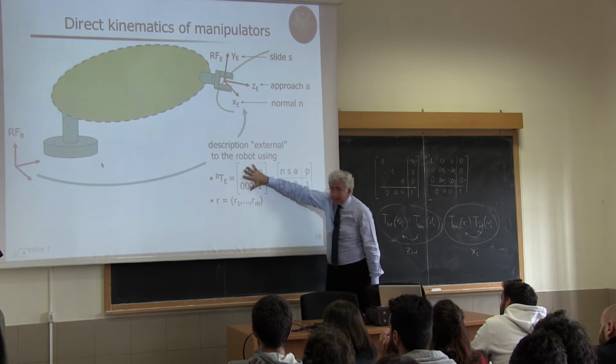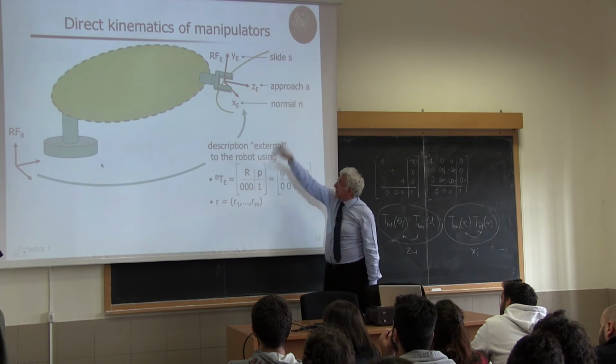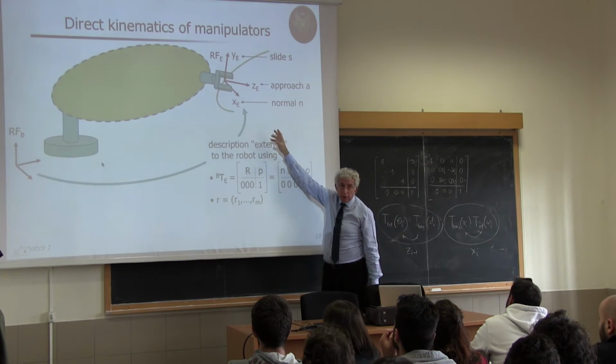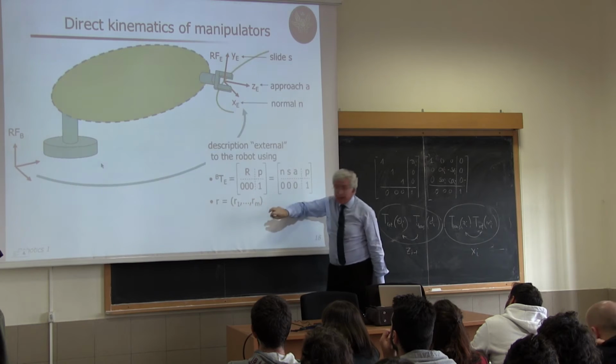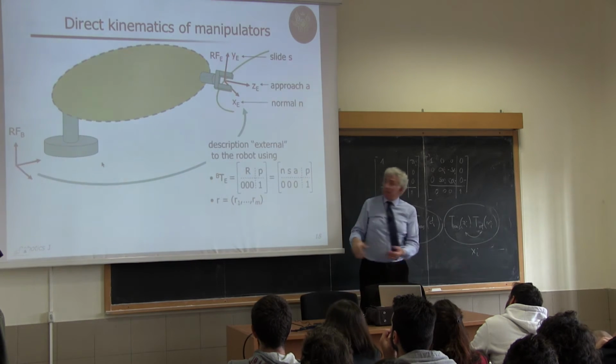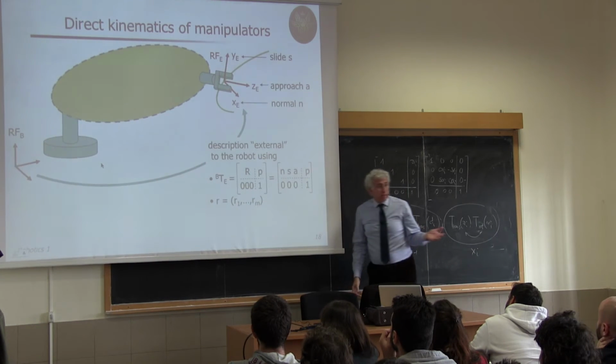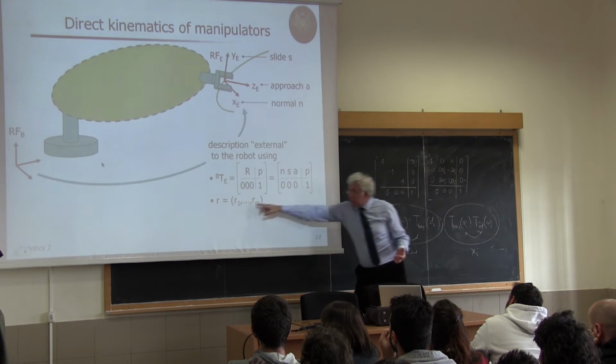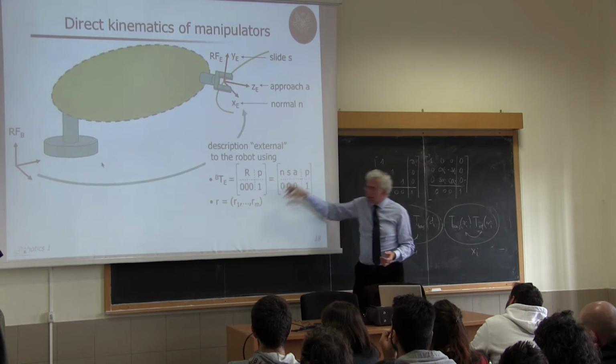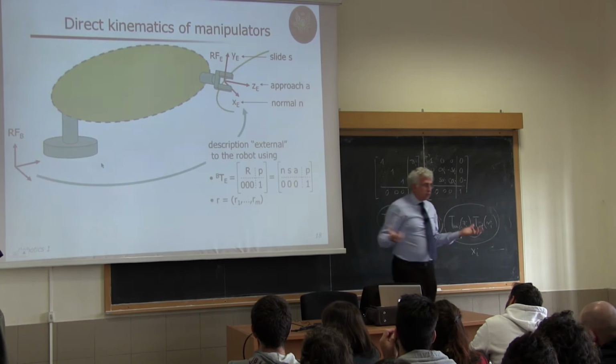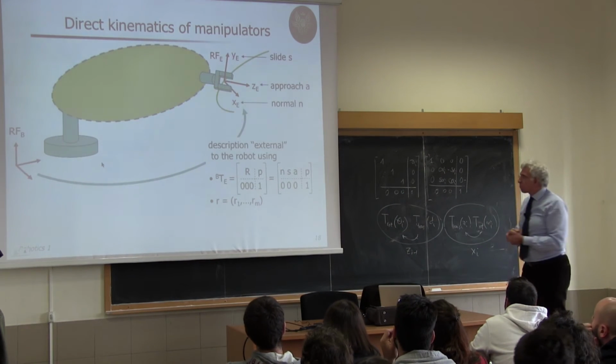So this is the standard way of representing direct kinematics in terms of position and orientation of the frame, but from this we can extract what we need. For instance, I don't care about the p_z coordinate, I don't put it here. I have it here, but here I just take out what I need, okay?